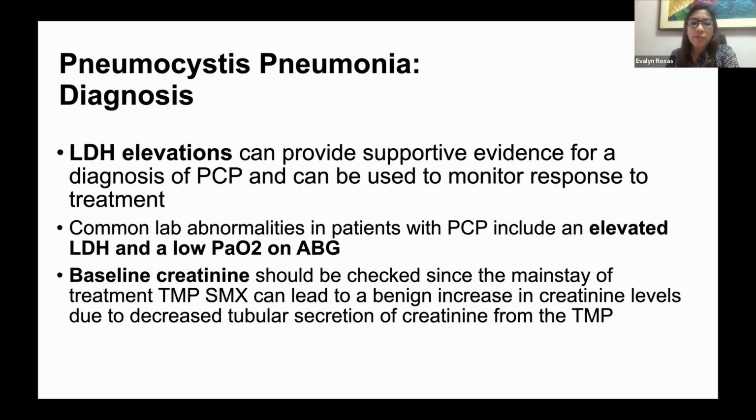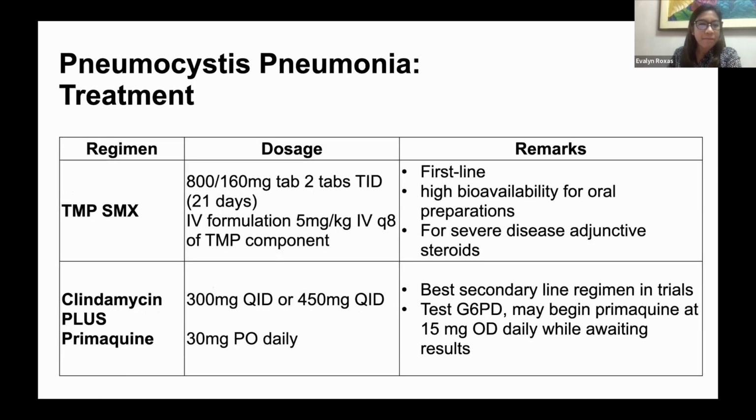Common lab abnormalities in patients with PCP include an elevated LDH and, just like what our patient presented, a low PaO2 on ABG. You can also request a baseline creatinine, since our drugs for treating PCP can affect the creatinine level or the kidney status of the patient.